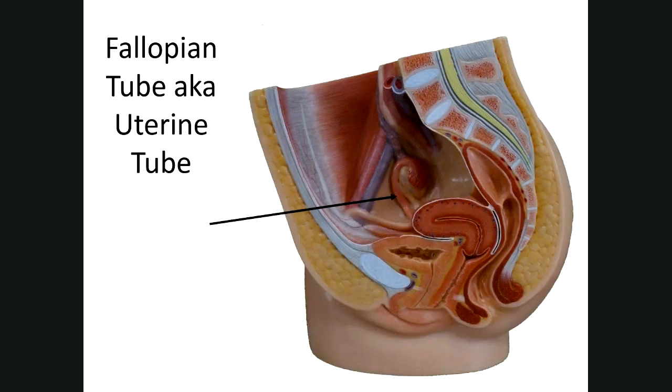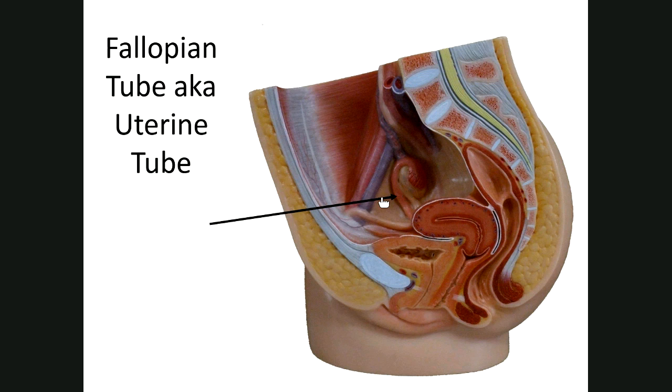Okay. And in the mid-sagittal model here, you can see this pinkish tube-like structure. That is the fallopian tube. You can also refer to it as the uterine tube. Okay. Uterine, fallopian tube. And part of the fallopian uterine tube is approximating itself around this tannish circular structure, excuse me, that's the ovary.